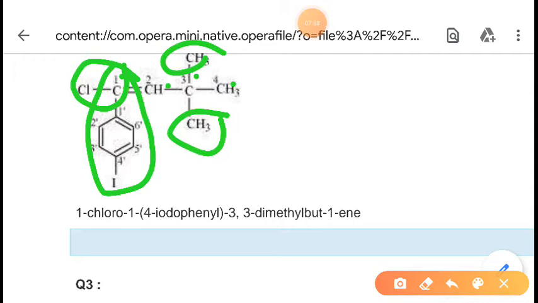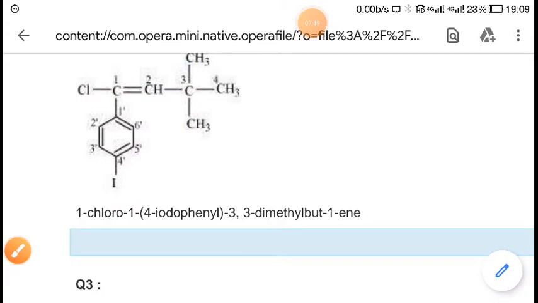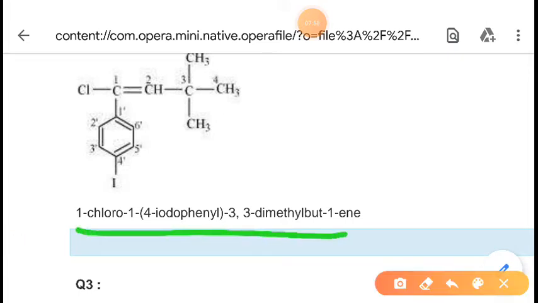Okay, so in the first position chloro means 1 chloro, and this phenyl group which is carrying iodine will be iodophenyl. Okay, iodophenyl. And in the third position 2 methyl is there, so 3 3 dimethyl but 1 yne. Okay, so in this way you can name this.